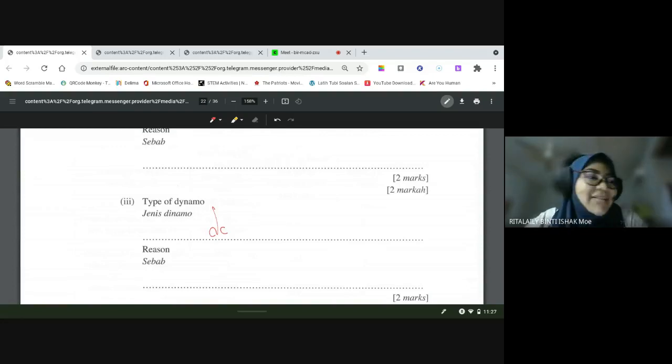That is the clue. How can AC produce continuous light? How can DC produce continuous light? Current flows in one direction. How does current flowing in one direction produce continuous light?